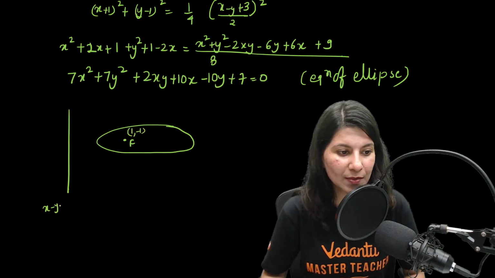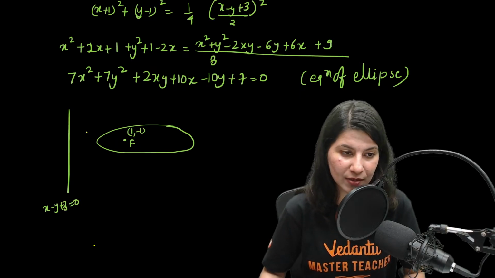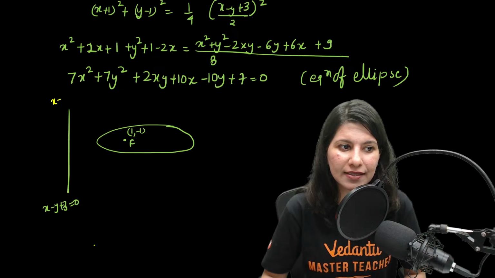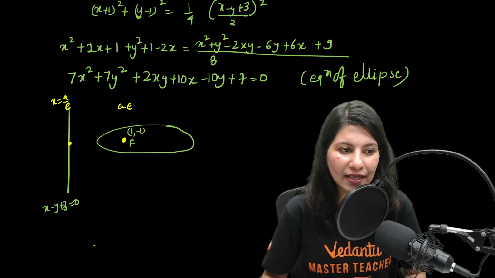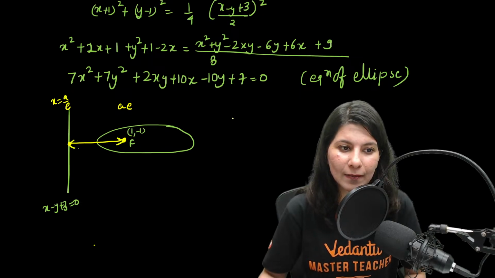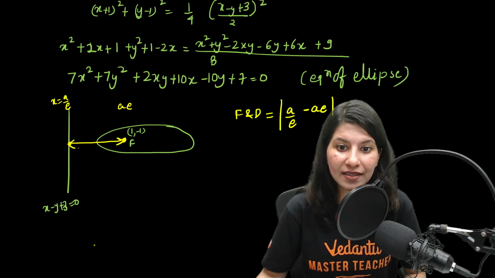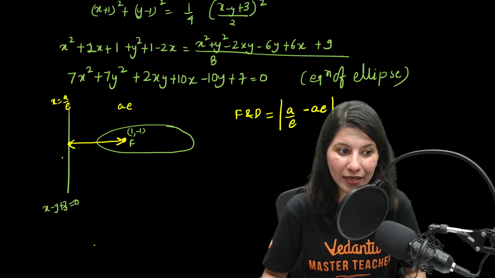Directrix equation is x minus y plus 3 equals 0. Generally directrix is x equals a by e and focus is ae. So distance between focus and directrix is going to be mod of a by e minus ae, and this is going to give you the distance between this point and this line.